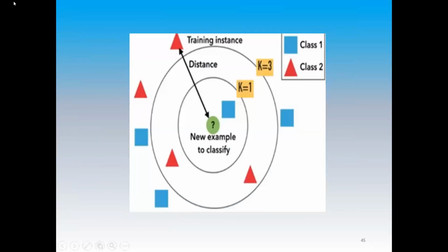So if you look here, you can see k equal to 1, k equal to 3. Based on that, we can say which class the particular data falls under. You can see the new example is very close to this value for k equal to 1, then for k equal to 3. Accordingly, you make that calculation. So this is a very, very simple thing, followed by the Euclidean distance.